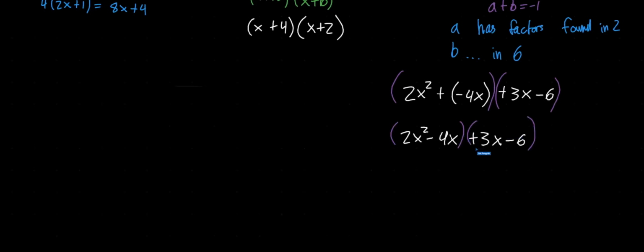The largest common factor in 2x squared minus 4x is 2x. And the largest factor in 3x minus 6 is 3.